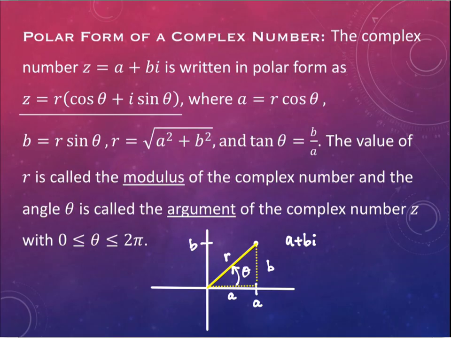It's tangent. So the tangent of this angle theta from this triangle is the opposite, which is b, over the adjacent, which is a, which is exactly that other equation above. And if you look at the other two, we'll look at the value for just, let's do the a one right here. Let's do this one.